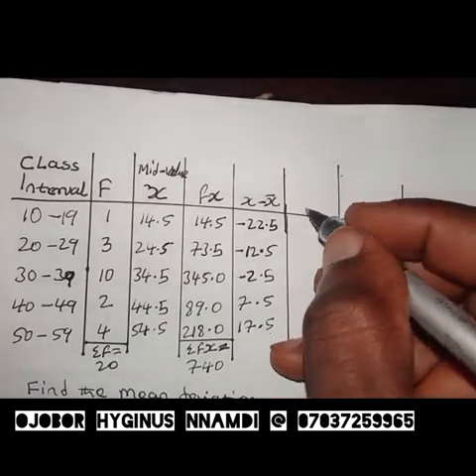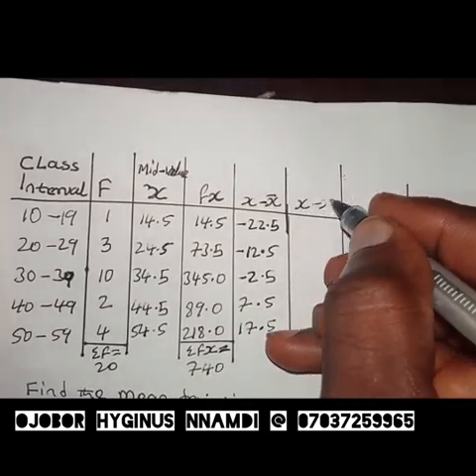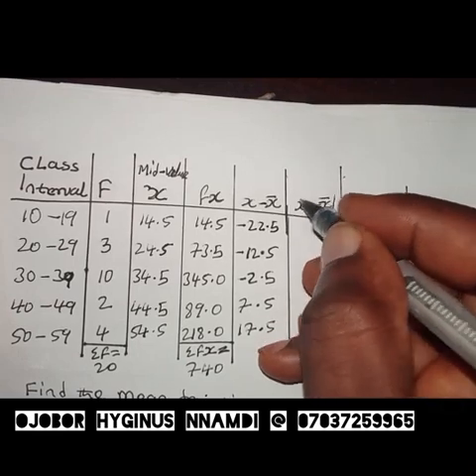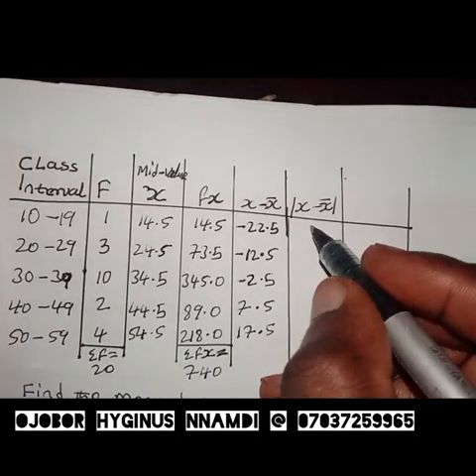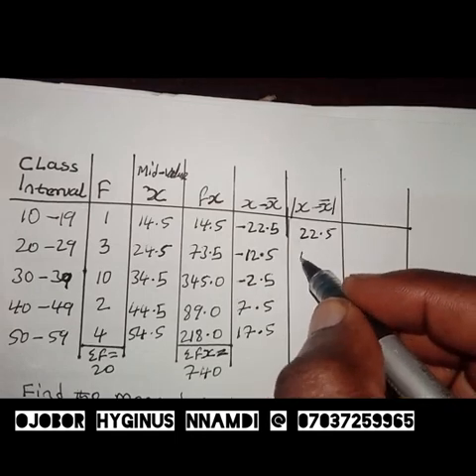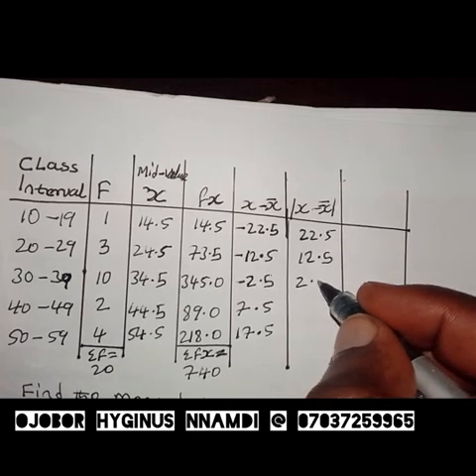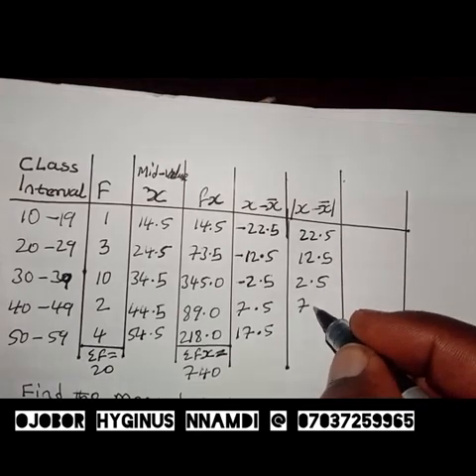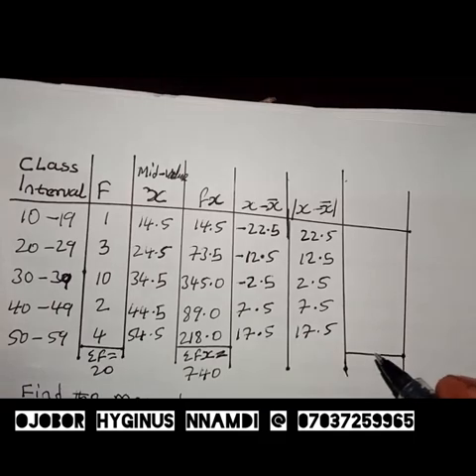Then we need to get the absolute value of this set of numbers. The absolute value, x minus x bar absolute. That means the positive value of the deviation. Instead of minus 22.5, we now have 22.5, 12.5, 2.5, 7.5, and 17.5.